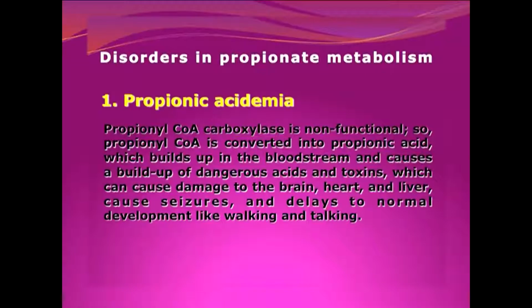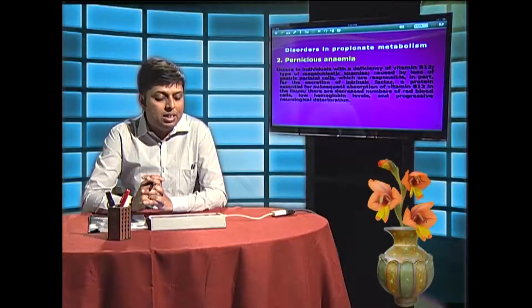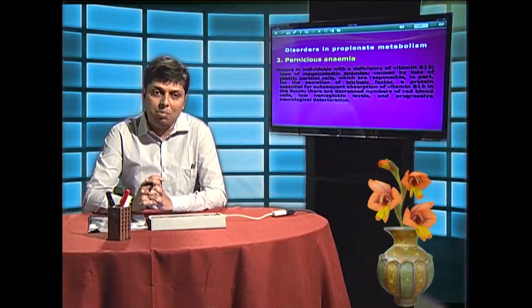Since this enzyme is non-functional in these patients, there is an accumulation of toxic acids and various other toxins in our brain, heart, and liver that may lead to seizures, as well as a delay or impairment in walking and talking functions. Coming to the second disorder, it is better known as pernicious anemia.